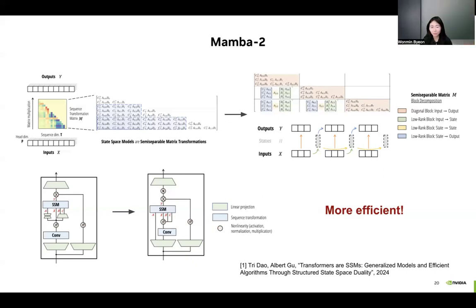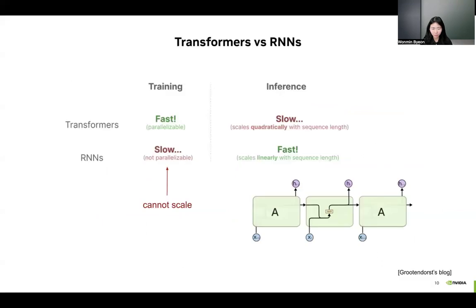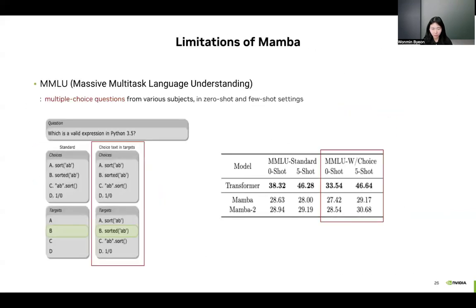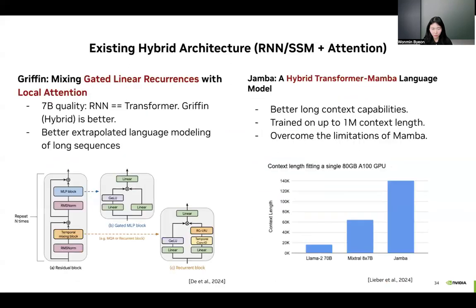I think so, especially these Mamba-based models or hybrid models. Let me go to one slide here. In this Jamba paper, they actually show that they can fit 140K context length in one single GPU.